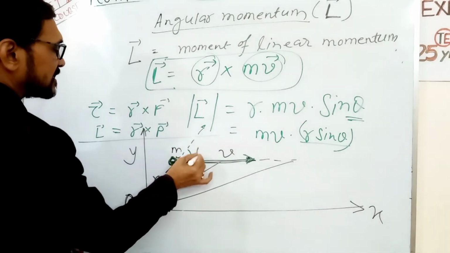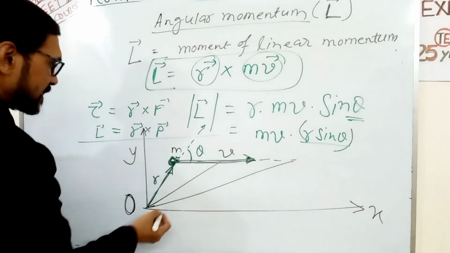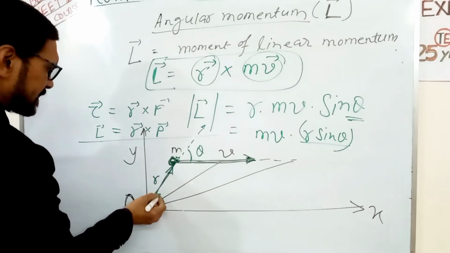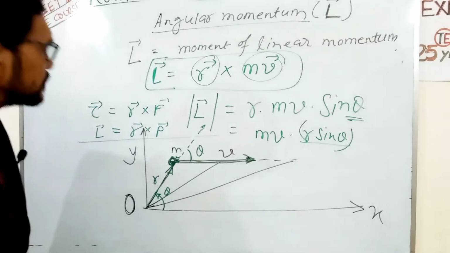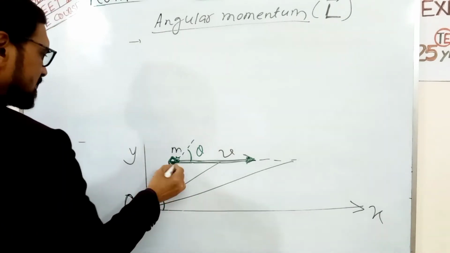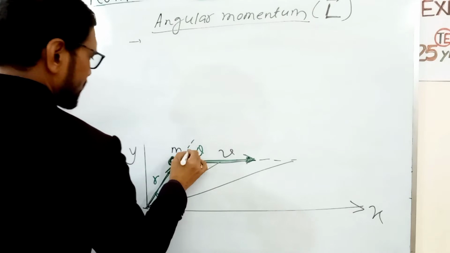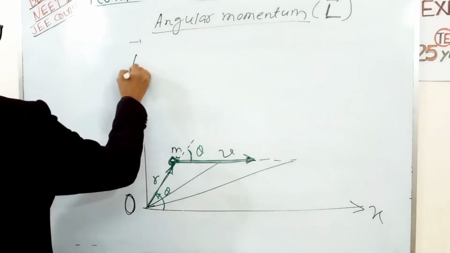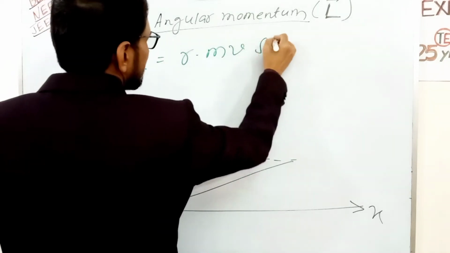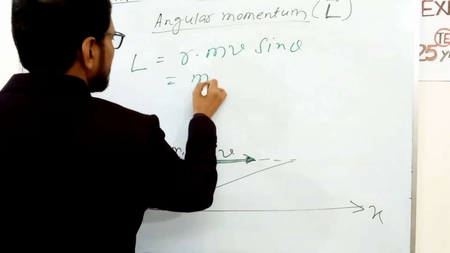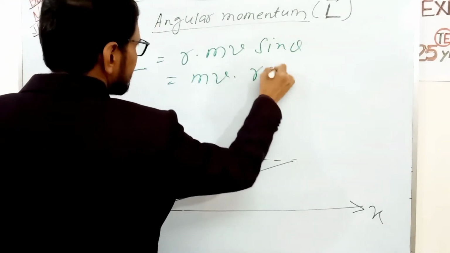So this is the angle between the two vectors. So this angle and this angle are the same. So this is r, this is theta. What is angular momentum equal to? r mv sine theta, mv into r sine theta.